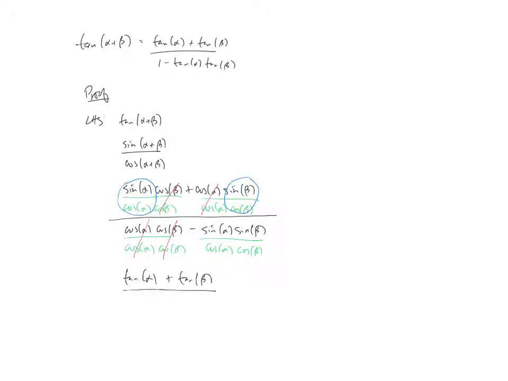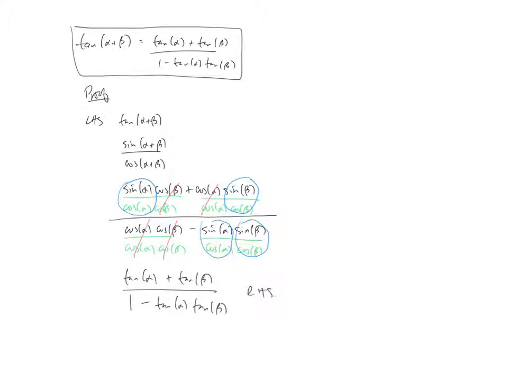We have our 1 minus, there's our tangent of alpha, tangent of beta, which is the right-hand side, which is where we were going. So you can see the tangent of a sum identity is what we started with, and we just took a little bit of a different approach, and instead of deriving it, we proved it.